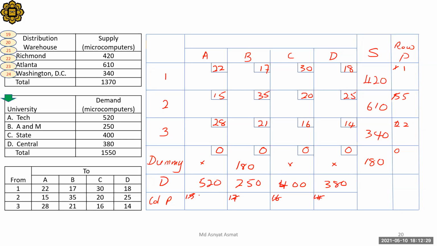Column A? 7. Column B? 4. C? 4. D? 4. Highest penalty?